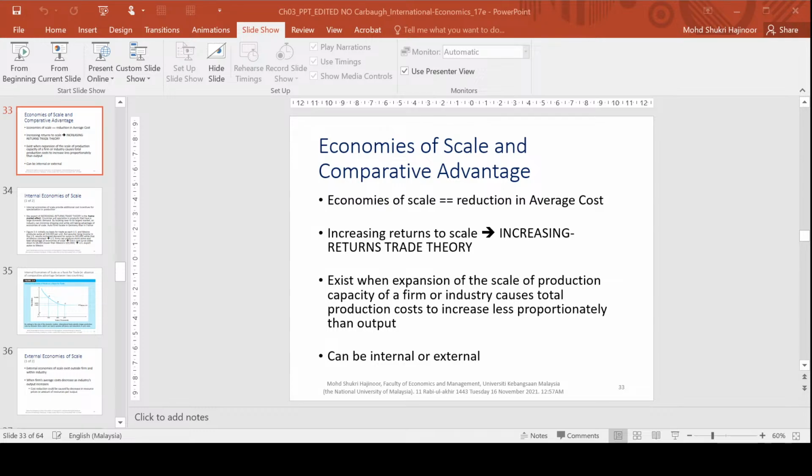This is intra-industry trade. So you must know, even though I give you the example of Malaysia and Thailand, the reality is that empirical studies have shown that intra-industry trade occurs mainly among industrial countries, mainly among developed countries, mainly among rich countries.